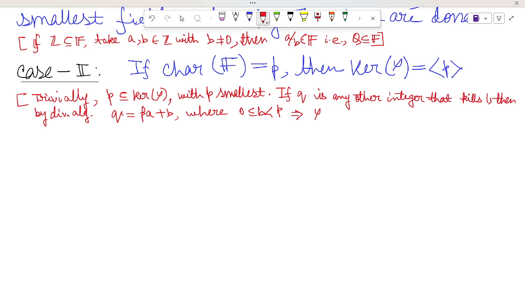This implies phi of q equals phi of pa plus b, which is nothing but phi(p) phi(a) plus phi(b), because it is a ring homomorphism.